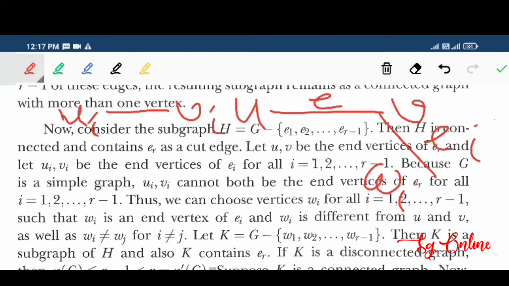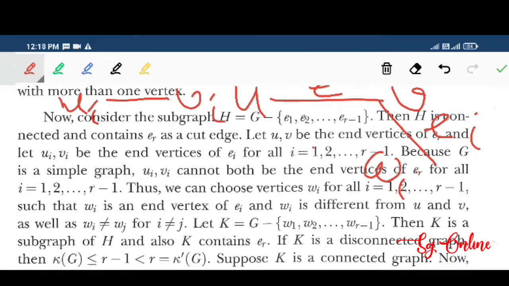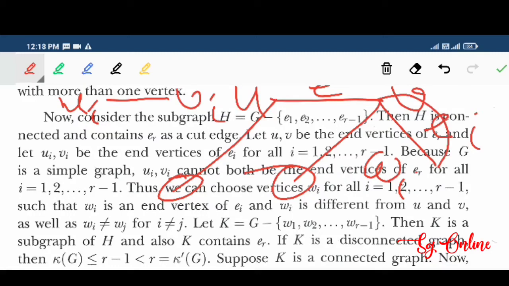However, you can easily choose Wi distinct, because you are choosing some vertex which is not common to E. For E1 you choose this one, and for E2, if it shares a vertex, you choose the other vertex. Both vertices cannot be common to E1 and E2, because then it would form a parallel edge, and the graph is simple, so there is no chance of parallel edges.